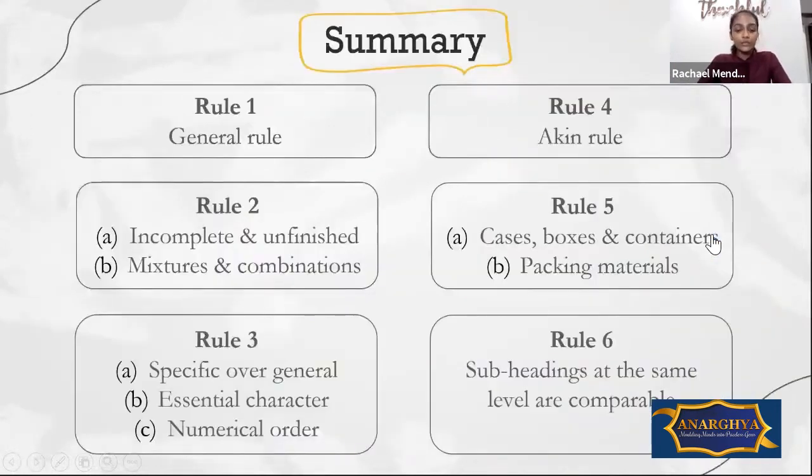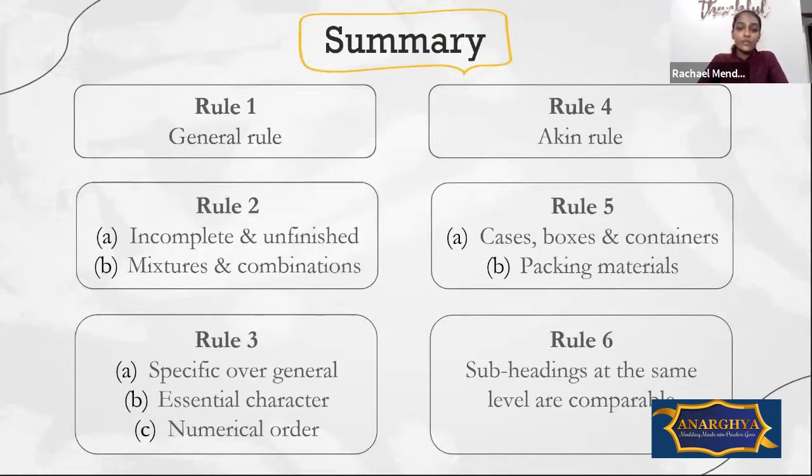Here's a summary of all the rules. Rule 1 was the general rule, which said that you should not classify on the basis of title, but classify on the basis of headings, the section and chapter notes, and the subsequent rules. Rule 2A, which was concerned with incomplete and unfinished articles, as well as unassembled or disassembled articles, said that you need to classify those as if they were finished products, if they have the essential character of the finished products.